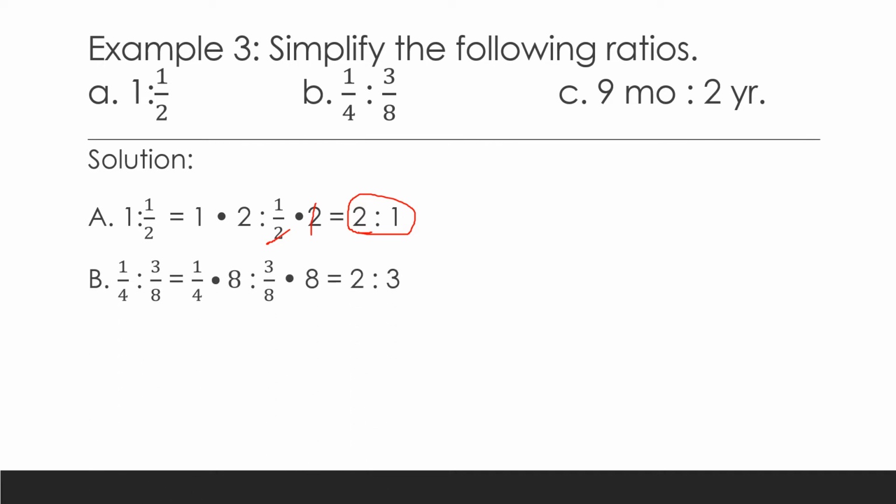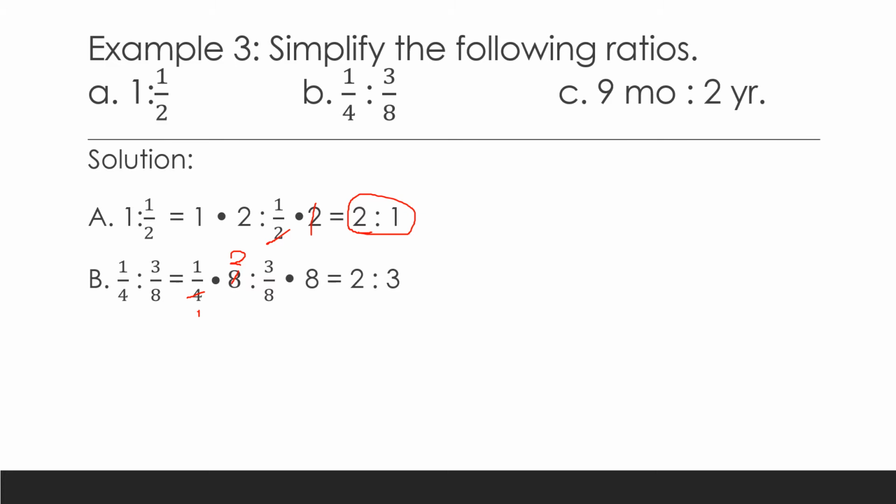For the solution of letter B, we have 1/4 is to 3/8. Since our common multiple is 8, we multiply both sides by 8: 1/4 times 8 and 3/8 times 8. Simplifying that, 8 divided by 4 is 2, and 4 divided by 4 is 1.